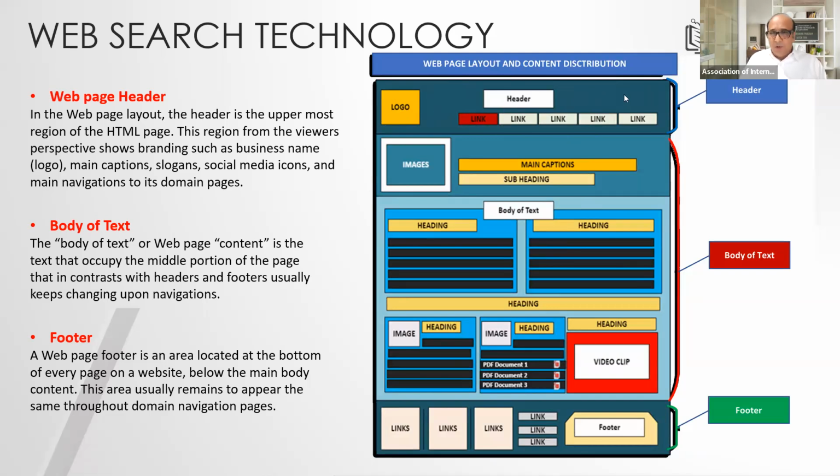There's a logo and a few other things on top. And then there is the next layer, or the next portion, which we call the body of text, which is the middle one or the stomach of it, where all the information is actually presented, or there is more textual information there.